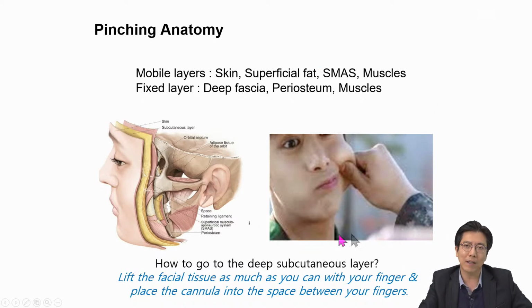So this is another tip to make the best result and to prevent some complications. Pinch the facial structures as much as possible and put the cannula between your fingers. In this case, the cannula can be located very safely in the deep subcutaneous layer.